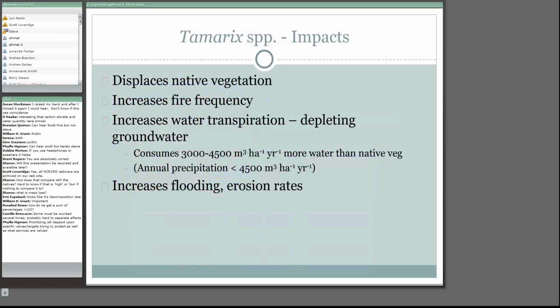Studies have shown that it increases fire frequency and water transpiration. As I mentioned previously, there's more than one study looking at transpiration of water from salt cedar, and it also affects flooding and erosion rates.